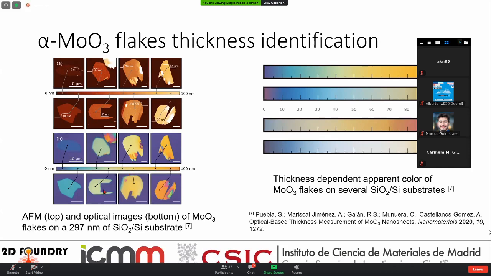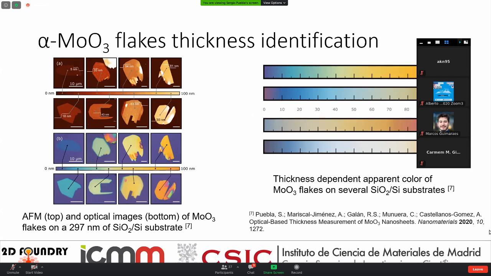In this case, it's 287 nanometers of silicon dioxide, and you can identify the thickness of the flakes with the AFM, and then you can create a color bar, going from a few nanometers to 100 nanometers of molybdenum trioxide, at different colors. And depending on the apparent color, you can use these color bars.